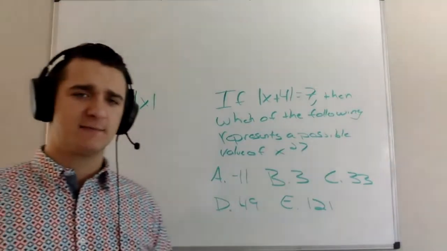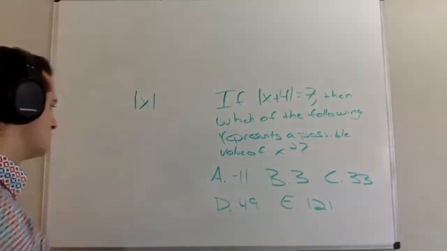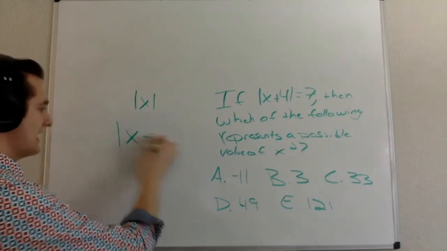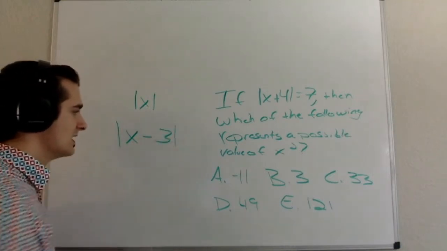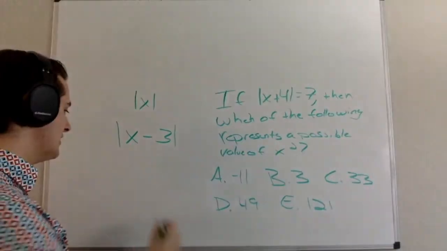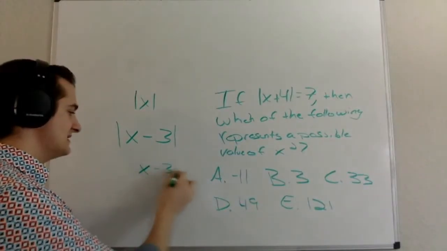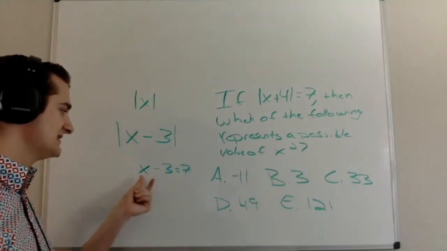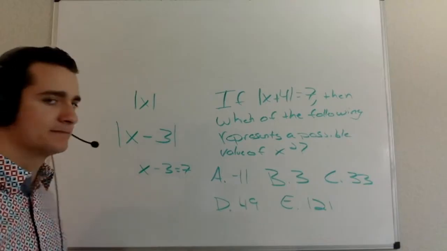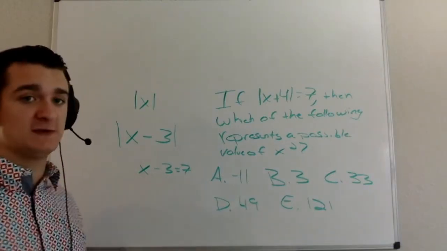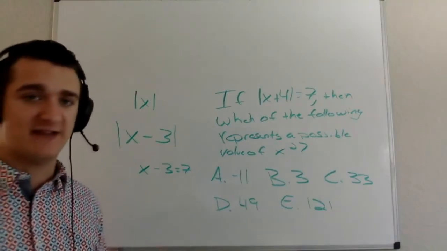Now, this comes into play when I have something like the absolute value of x minus 3. Typically, if I set up an equation and say x minus 3 is equal to 7, what that's telling me is the distance between x and 3 is 7. Well, actually, literally it's telling me that the difference between x and 3 is 7.